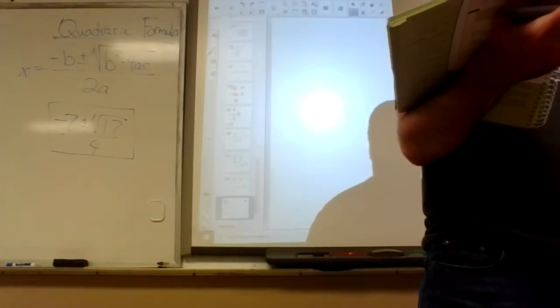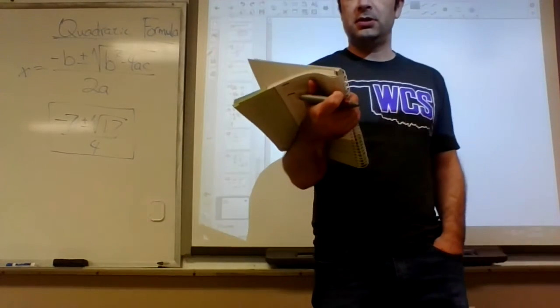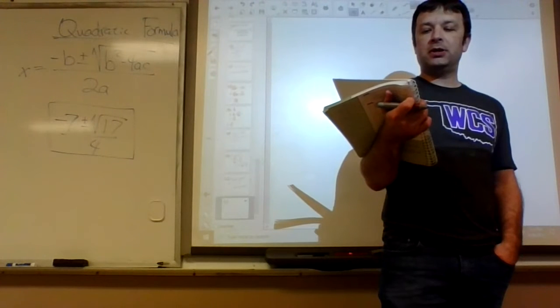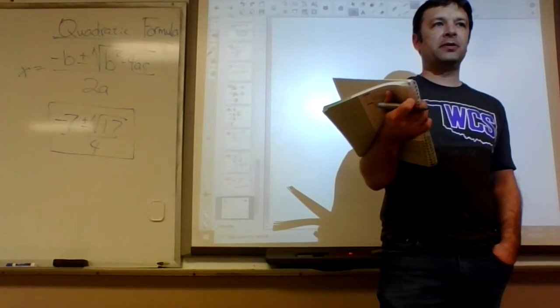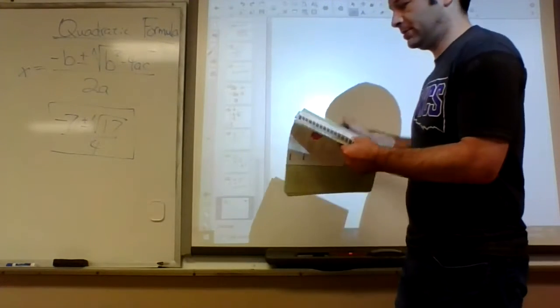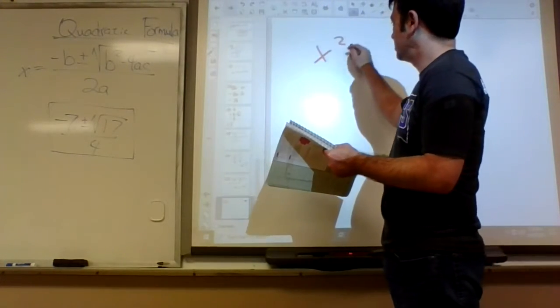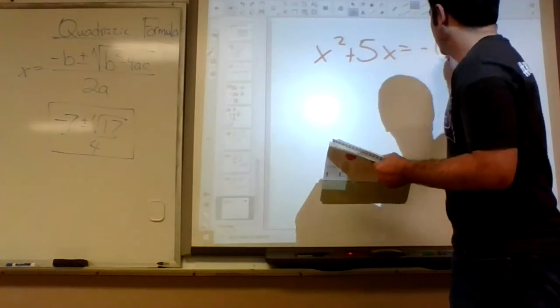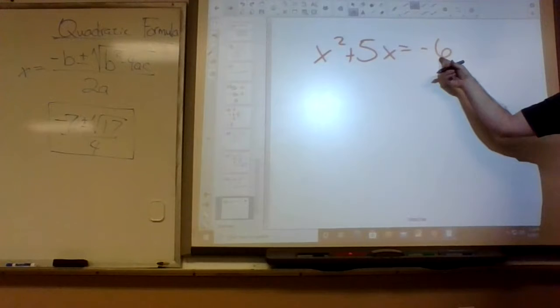Okay, 3 is trying to trick us a little bit. On 3, what is the A value? 1. What's the B value? 5. What's the C value? Negative 6. Okay, somebody is right. It's not written in standard form.